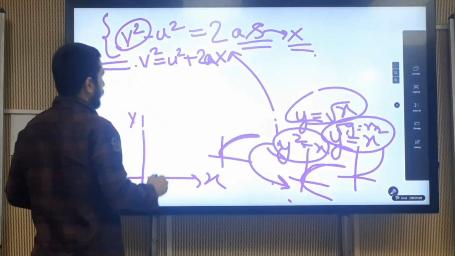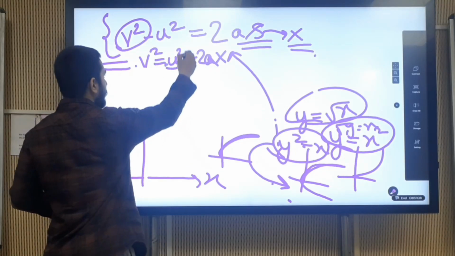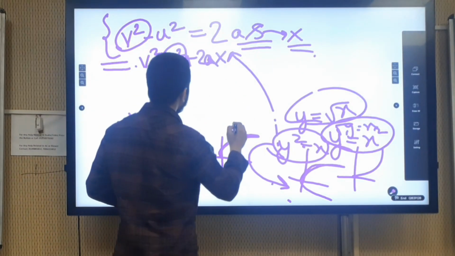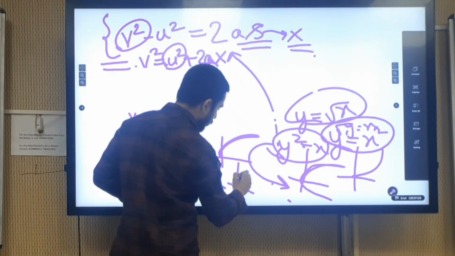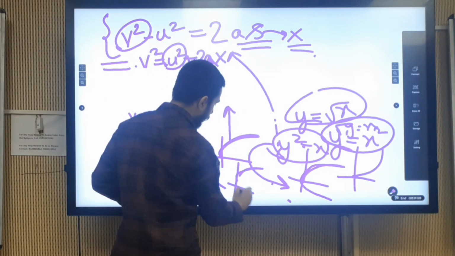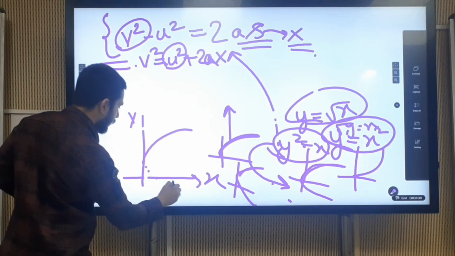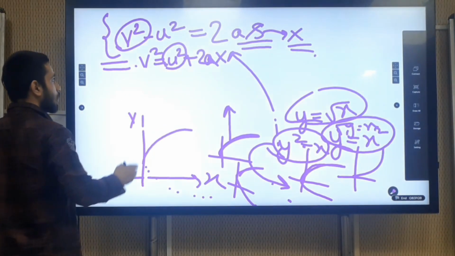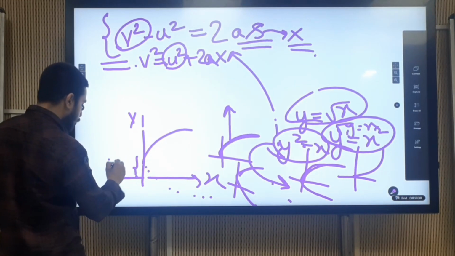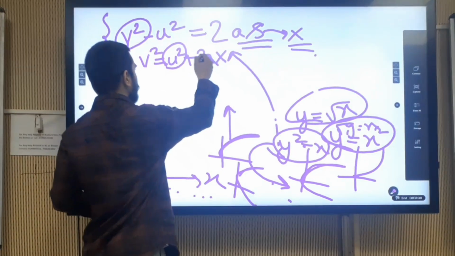But if u square is added, the graph will shift upward by the amount of u square. So the graph will be like this, and this distance is u square, and this is 2ax.